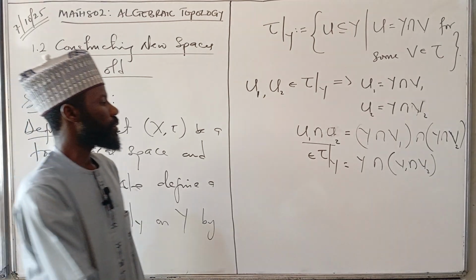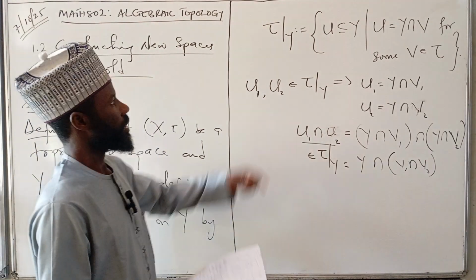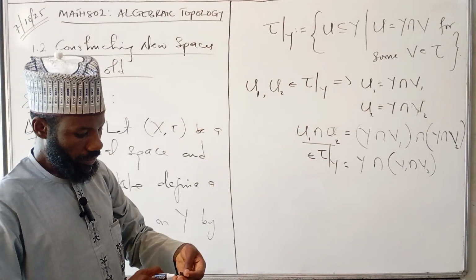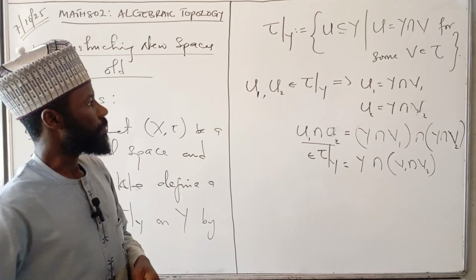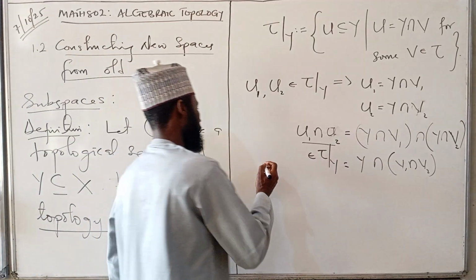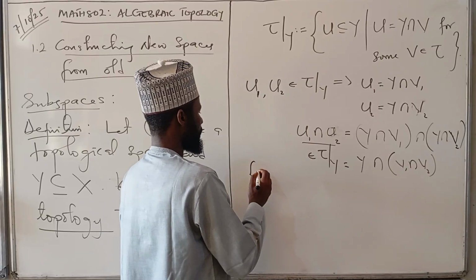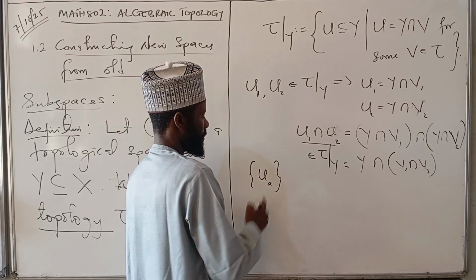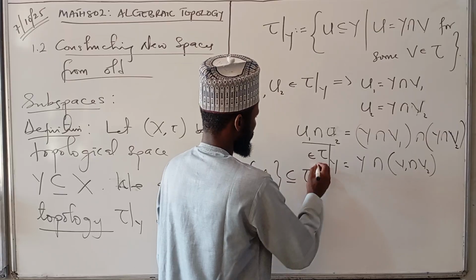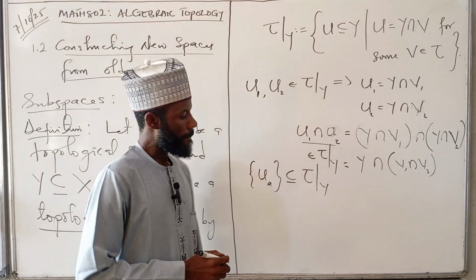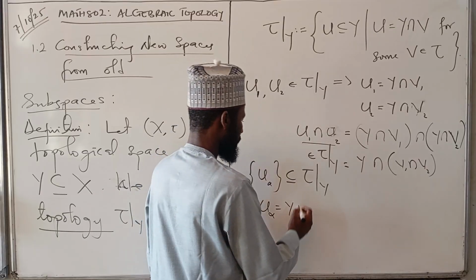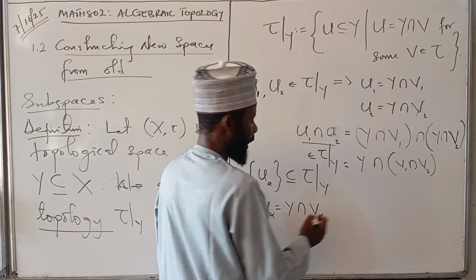Okay? And if you take any arbitrary collection of members from here, it should be written as a member. If you take a family of members from tau y, then each u alpha is y intersection v alpha.